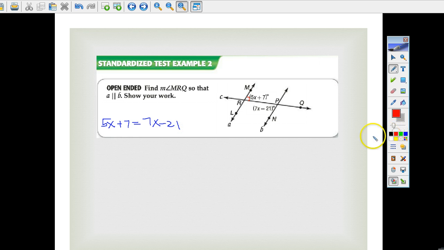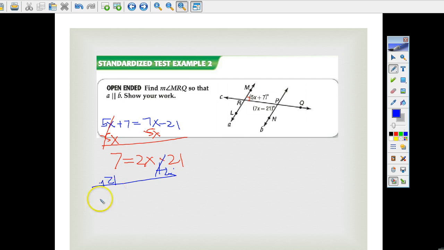Now let's subtract 5x. That's gone. You have 7 equals 2x minus 21. Add 21 to each side. You have 28 equals 2x, so x equals 14.